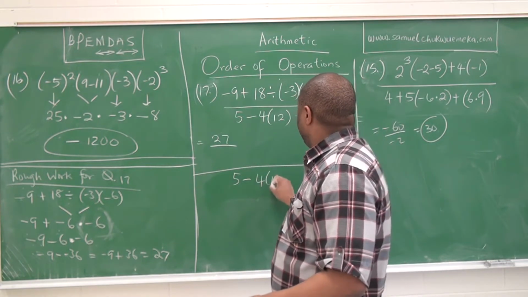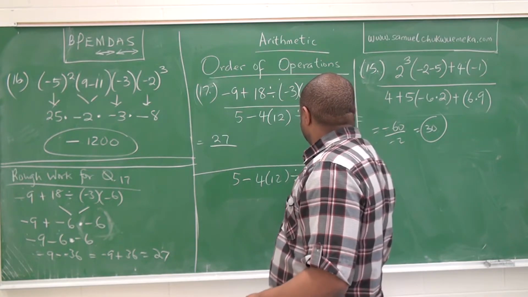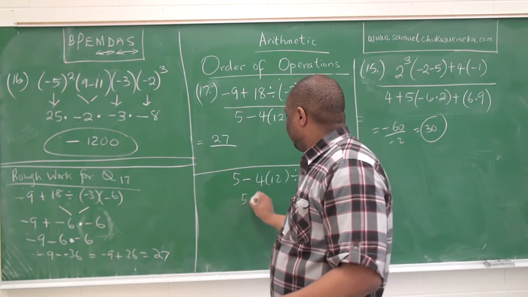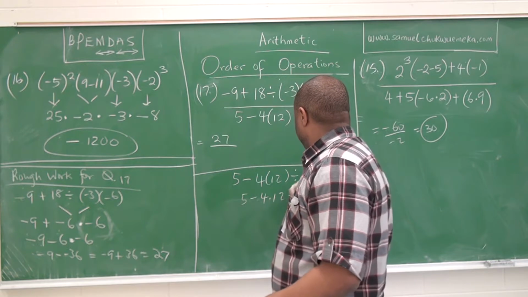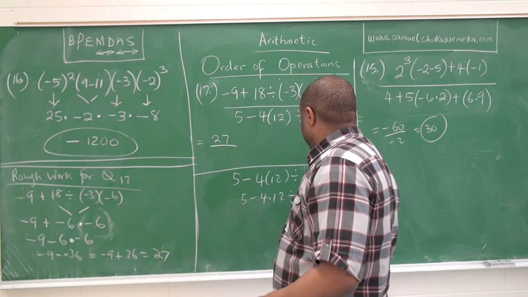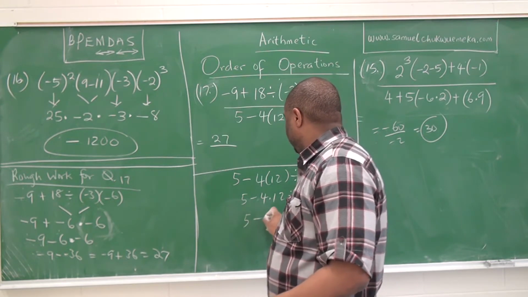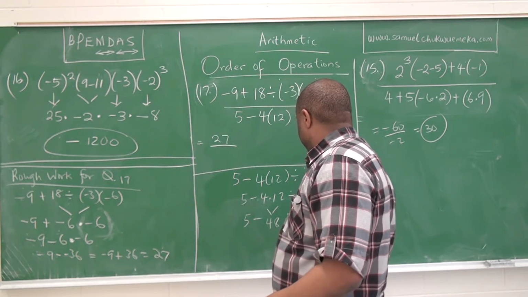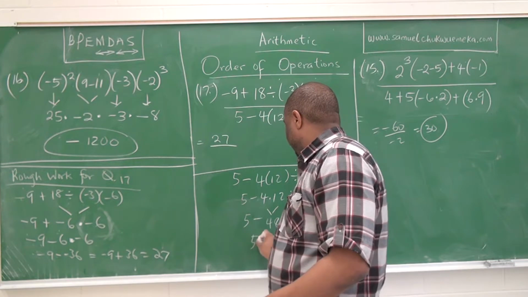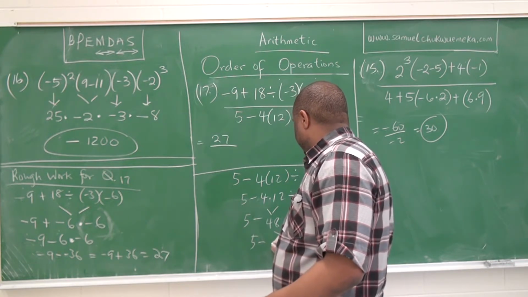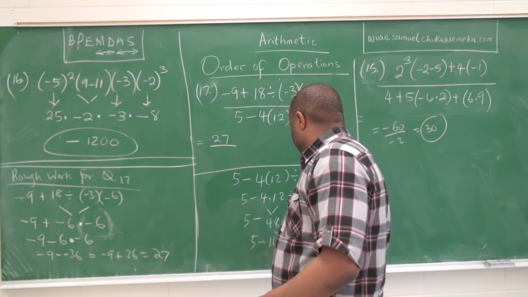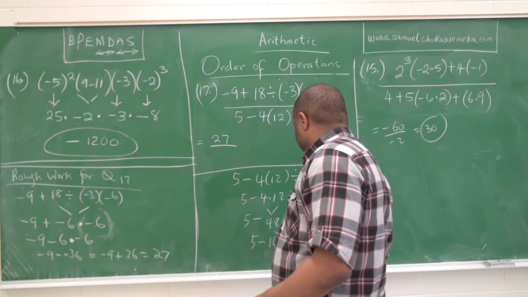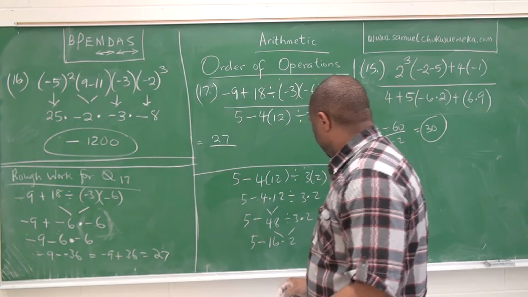With this one, we said it's 5 minus 4 times 12 divided by 3 times 2. So this is 5 minus 4 times 12 is 48 divided by 3 times 2, right? Then this is 5 minus 48 divided by 3 is 16, times 2, right?